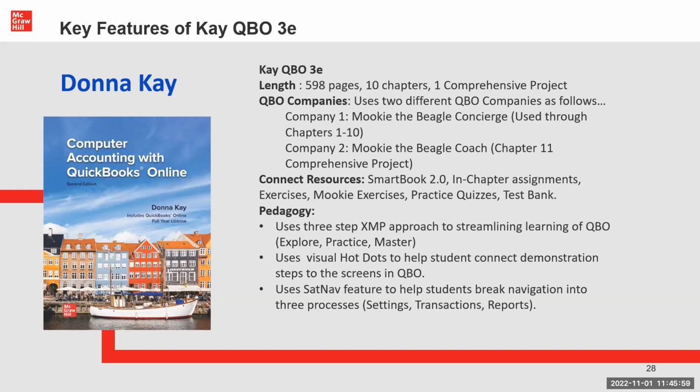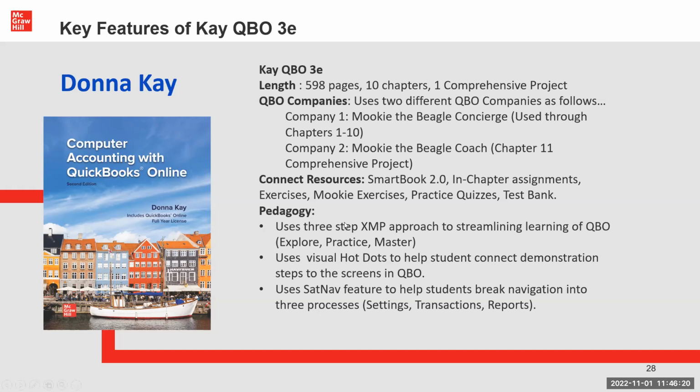Donna's book in the 3rd edition only used 2 companies. The first 10 chapters used Mookie the Beagle, as I mentioned earlier. And for doing those, you must assign the in-chapter work and then the exercise material to go along with it. Then she changes into a second company.